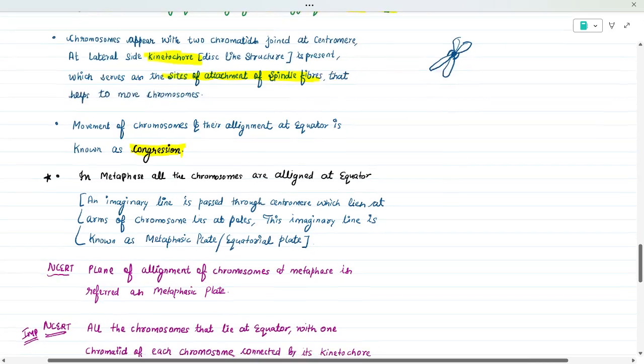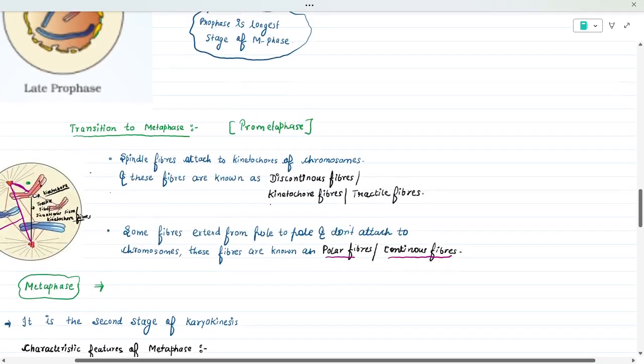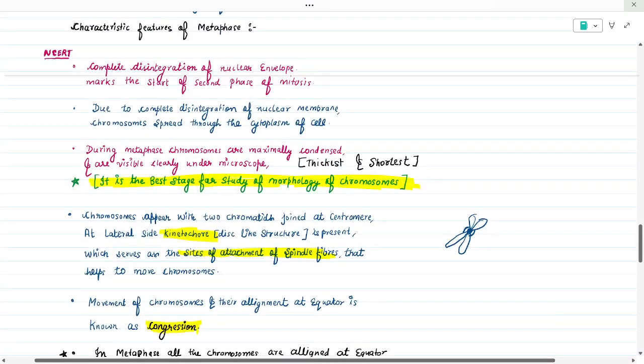Right? We can say here in the transition stage you can see chromosomes are scattered throughout the cytoplasm, but during metaphase what's going to happen?